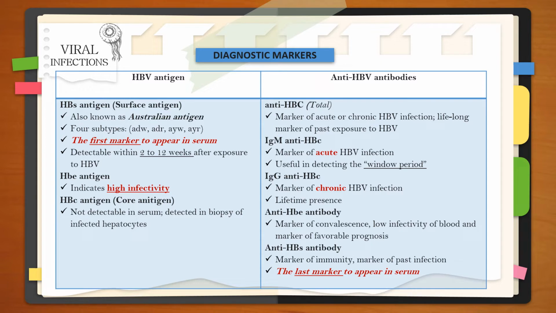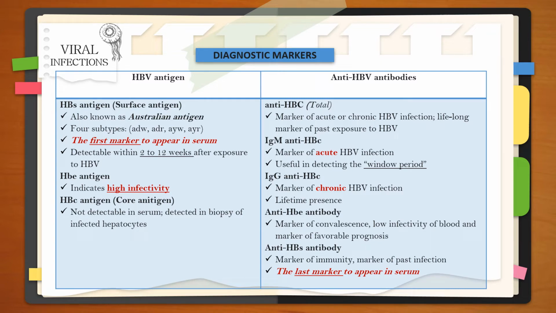Lastly is anti-HBs, which is the last marker to appear in the serum sample, and is utilized as a marker of immunity and past infection. So let's take note that HBs antigen, or surface antigen, HBsAg, is the first marker to appear, and the last marker to appear is the anti-HBs antibody.